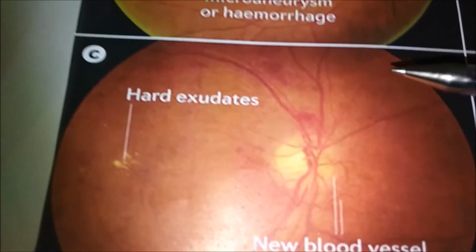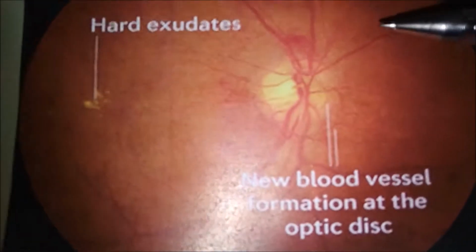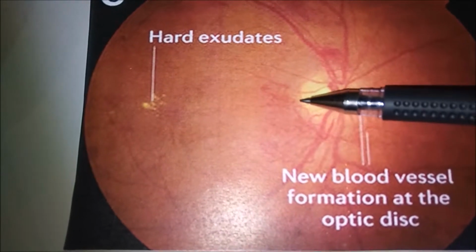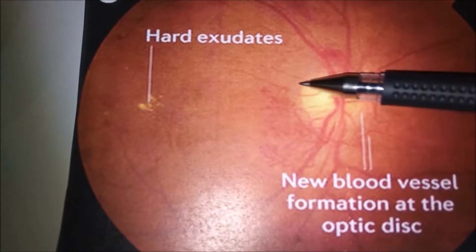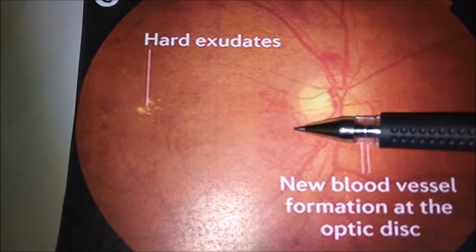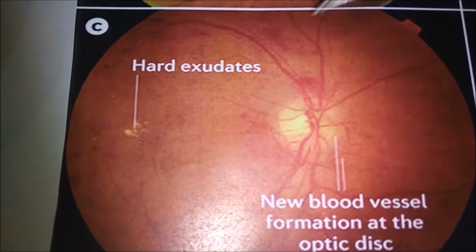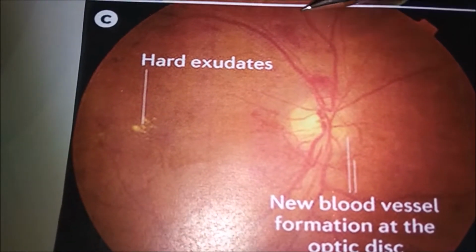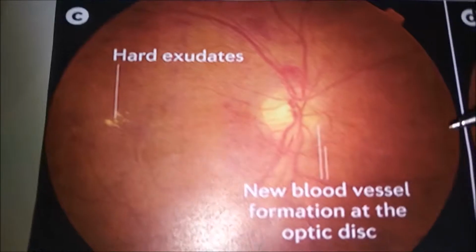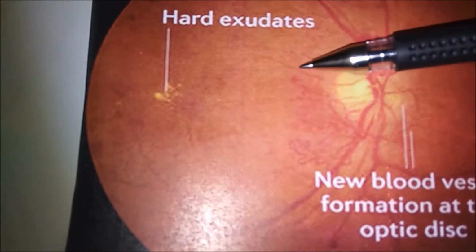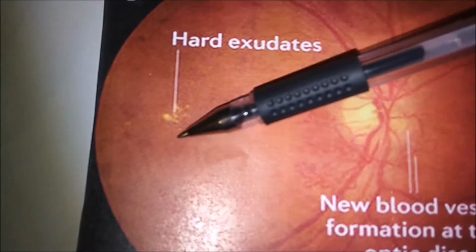And in the third picture here, we can see they have lots of new vessels. So this is neovascularization, and hemorrhages as well. Here we have large hemorrhages. Near this also we have hemorrhages, and also hard exudate.